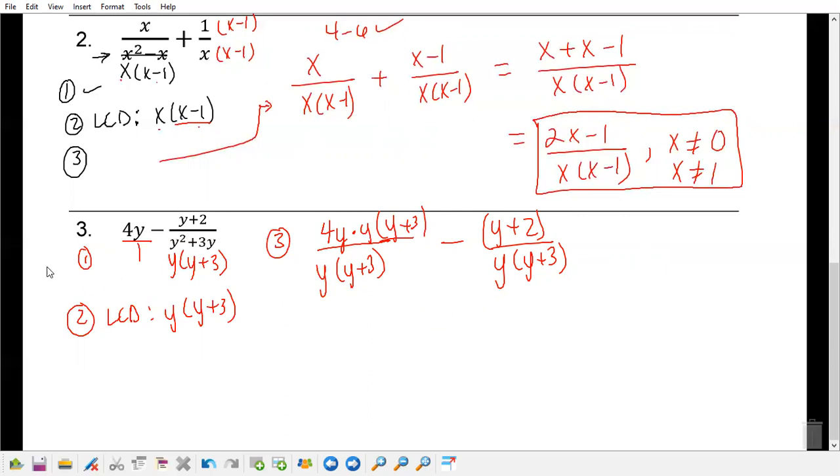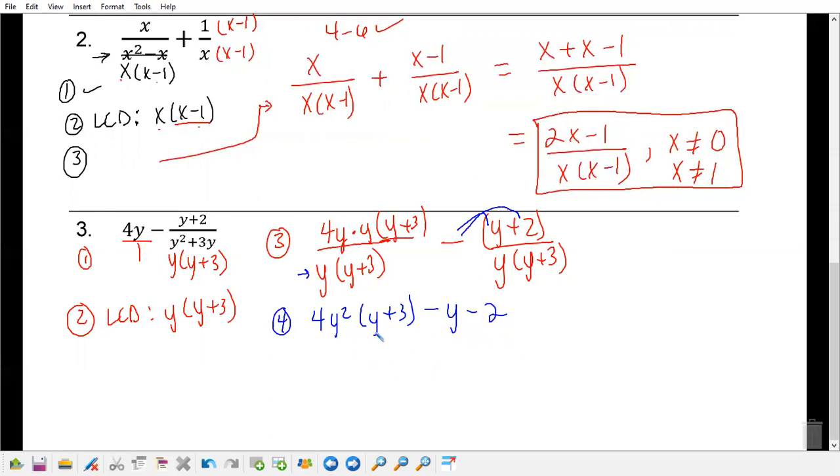So for parts 4, so I end up with 4y squared times y plus 3 minus, and it's not just minus y, it's minus y and minus 2. So minus y minus 2. I'm going to go ahead and keep cleaning this up because I know that my denominator is going to be this. So I'm going to go through and get it together.